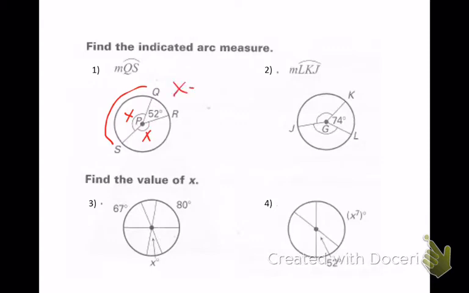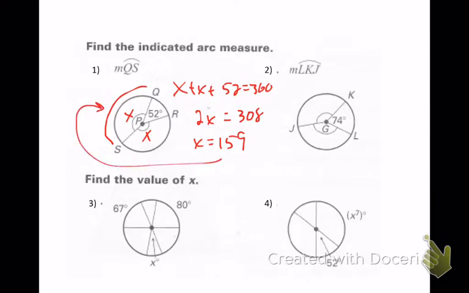So we can always go x plus x plus 52 equals 360. So 2x, subtract 52, and you get 308. Divide by 2, and x is 159. So angle QPS is 159, so arc QS is also 159. This is a central angle.